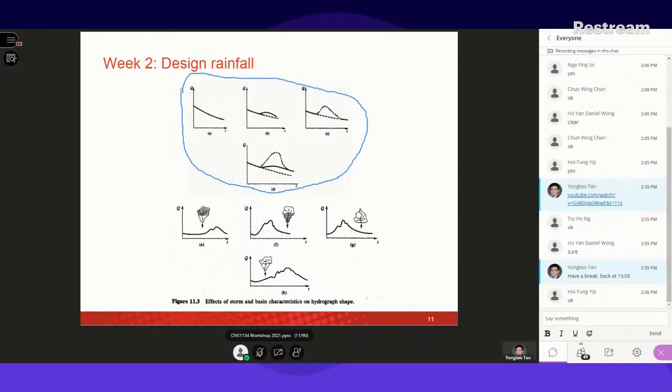You can see the hydrograph changes from the original, but still only a small change. Part C illustrates the surface runoff becoming a component of the flow.